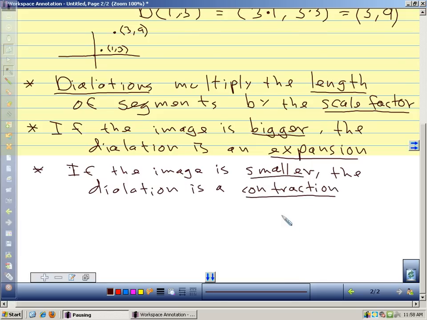And the way we tell if our dilation is going to be an expansion or contraction is by the scale factor. If n, and we're talking about the absolute value, it can be positive or negative. If our number is bigger than 1, so 1, 2, 2.5, 5, 7.5, if our scale factor is bigger than 1, we get an expansion.